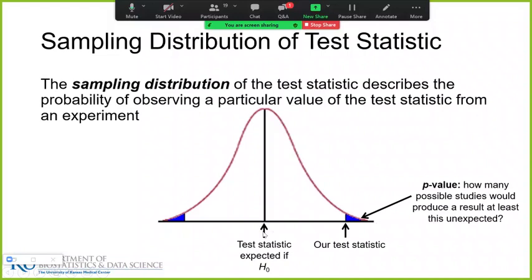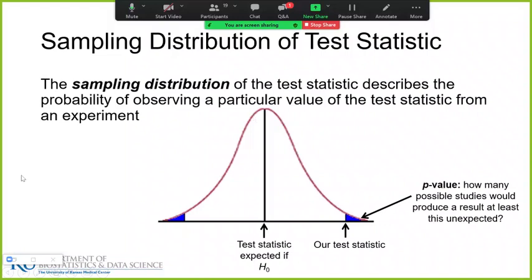And the idea behind a probability distribution is for a particular value of our test statistic t, the height of this curve, and specifically the amount of area under the curve in a particular range of values of t, corresponds to the chances of observing those values of t.